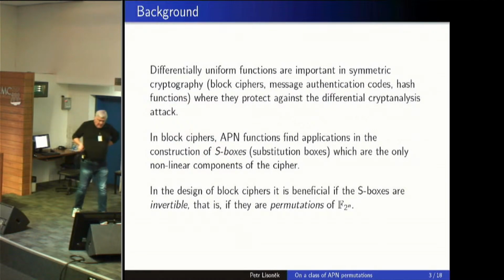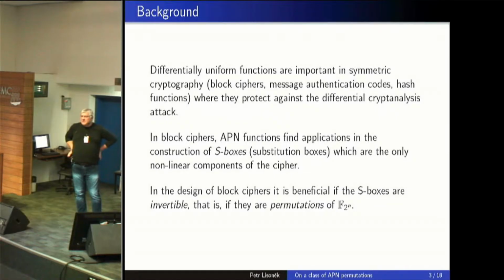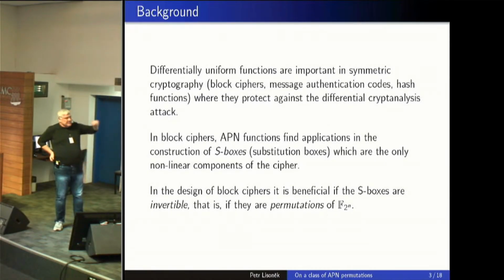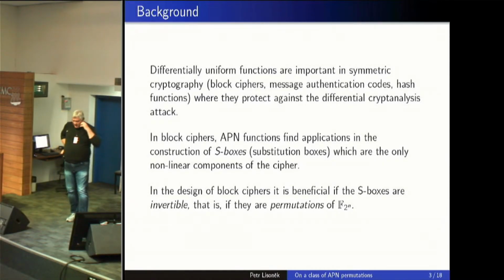So why are we interested in this? It was also mentioned in previous talks that these functions with low differential uniformity prevent the differential cryptanalysis attack, therefore we are protecting some of these important cryptographic primitives which are listed on the slide.